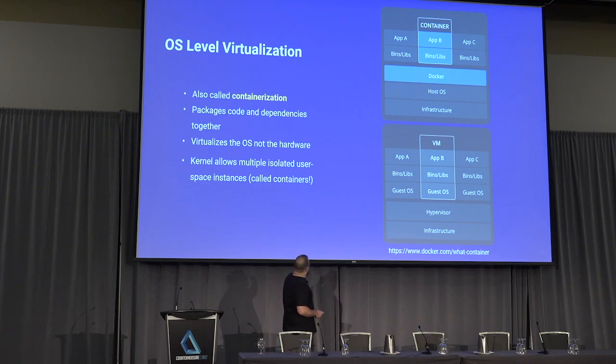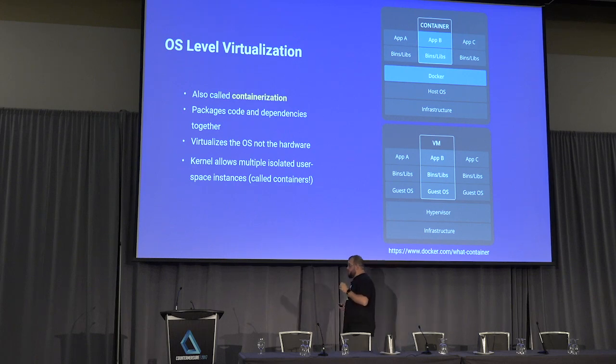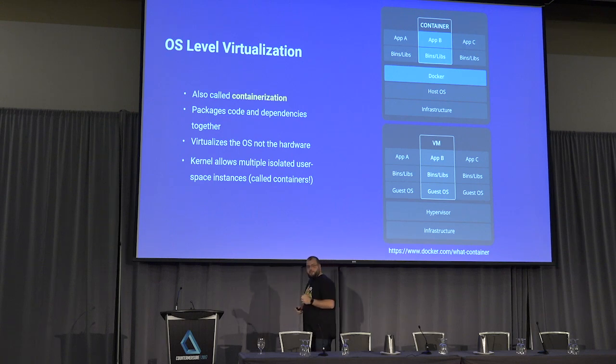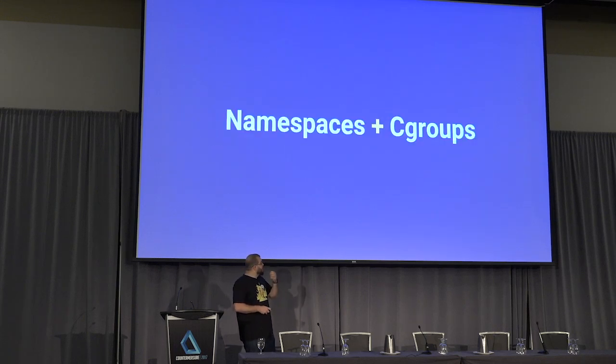With containers, we take away that hypervisor, and all the applications running inside of a given container use the same kernel. They're sharing the kernel of the underlying host. This is where we get to play with some really fun abstractions and really increase security posture. We're going to talk about how that works today.